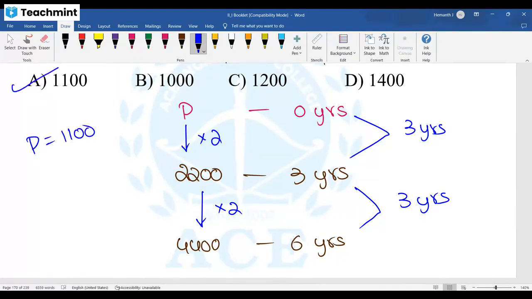That's the multiplication effect in compound interest. We can say it doubles every 3 years. If you observe the last two terms, 2,200 becomes 4,400, which means double. In how many years? 3 years. Every 3 years it becomes double, double, double likewise. Multiplication effect here.